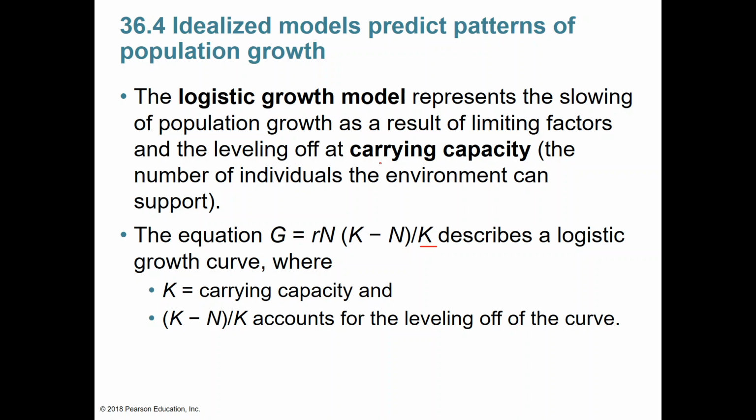What K means is a representation of the limit on how many of a species the environment can take care of, that is, how many resources are available for how many of a species. So with this kind of curve, the first part of the equation stays the same. G equals Rn is still in there.